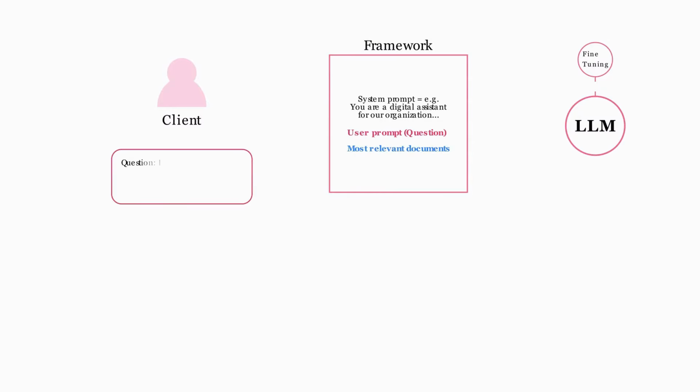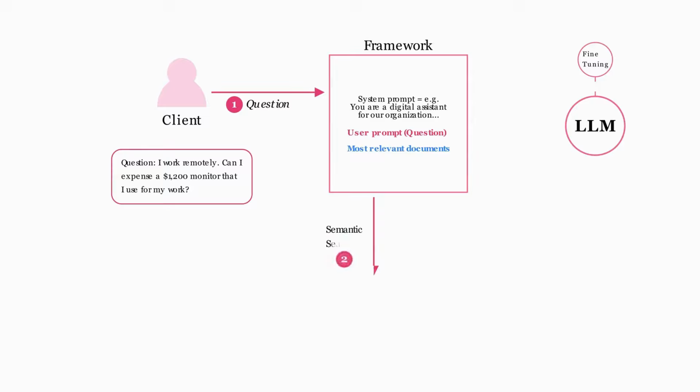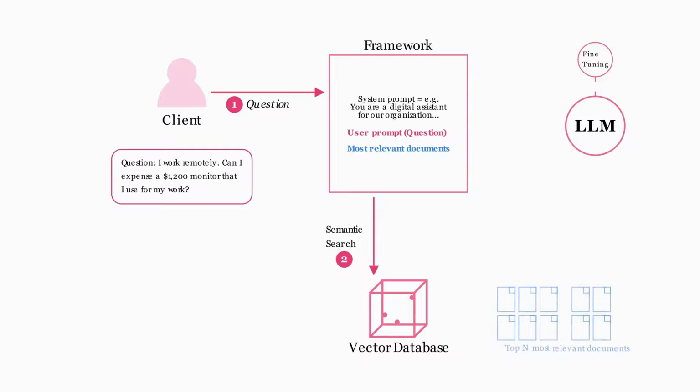Let's observe how a RAG architecture handles a specific employee request. When a client asks if they can expense a $1,200 monitor, the framework intercepts the query, and instead of sending it straight to the AI, it initiates a semantic search within the company's private vector database to retrieve the actual spending policies. Then the context is bundled with the user's question into a single prompt for the large language model.